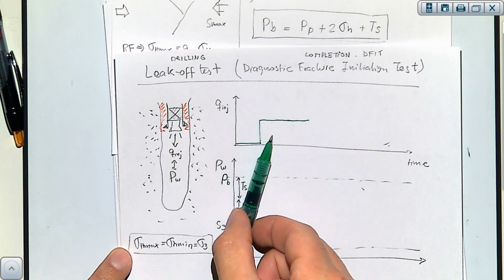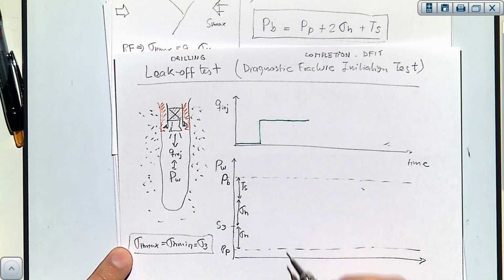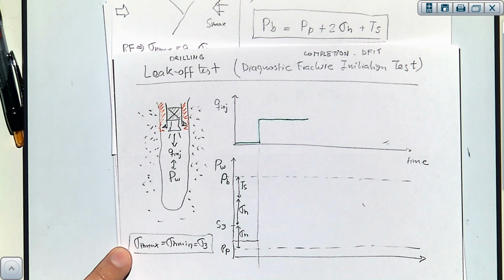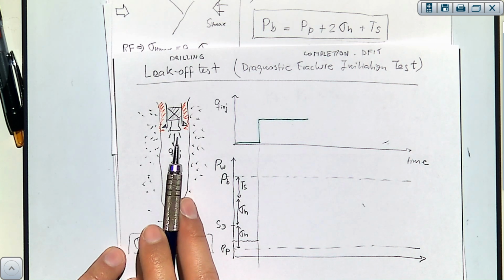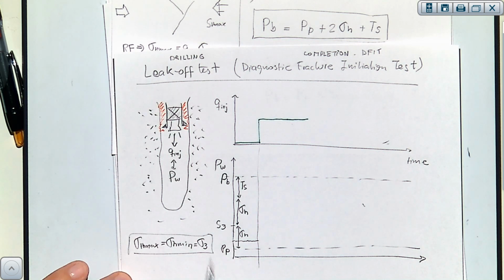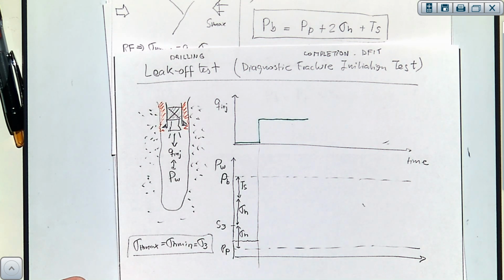So we start this process of injection. Let's say that at the beginning, the pressure in the wellbore is somewhere over here. That's where it starts, and then we start injecting into the rock, but more or less nothing is going to go through here.